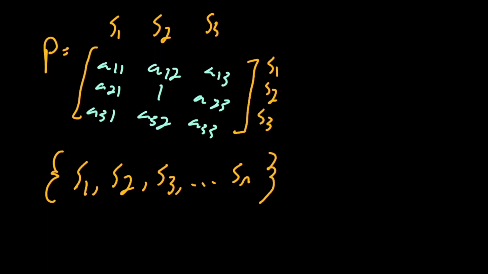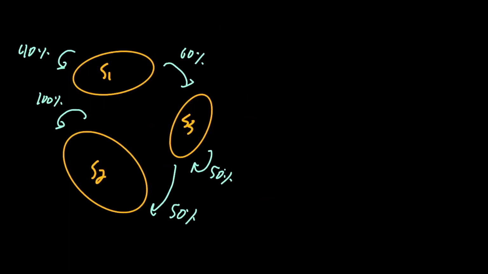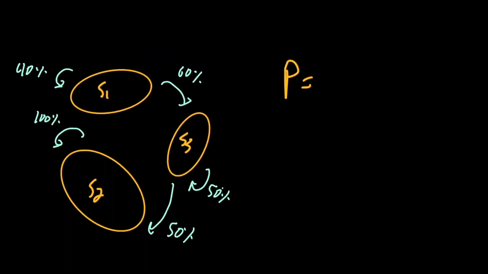Let's begin with an example. Okay, so here's a Markov chain. Can we convert this to a matrix? So let's write down our P matrix. P is equal to, well, let's acknowledge our states S1, S2, S3, and then we're going to put in our states for the columns, S1, S2, and S3.